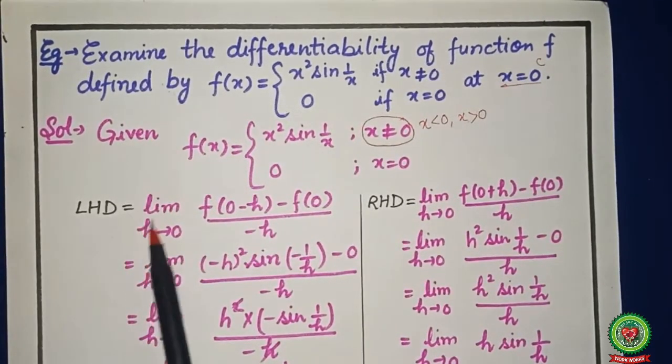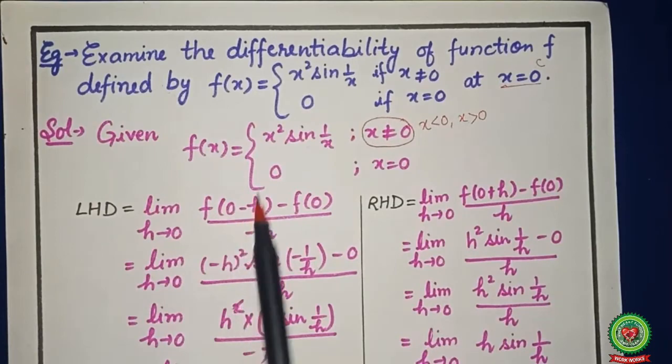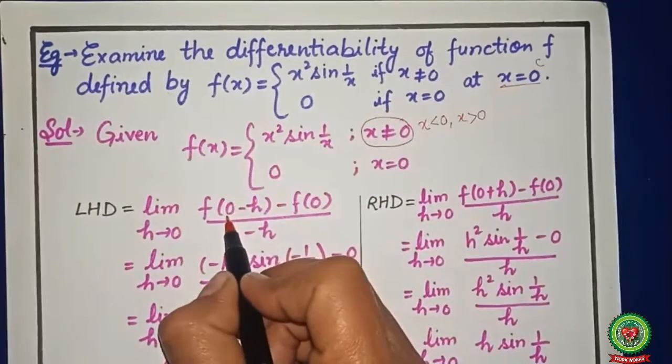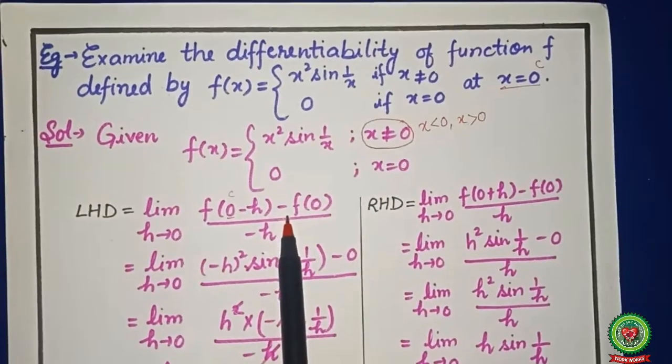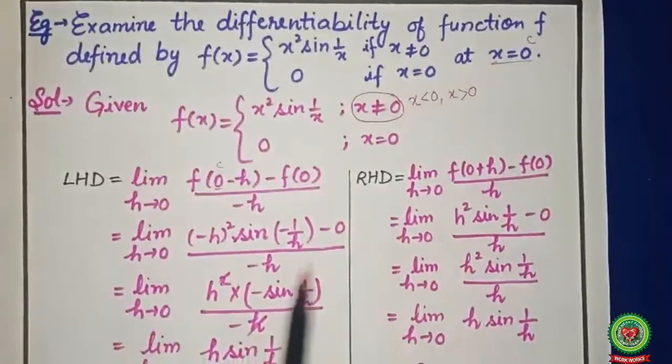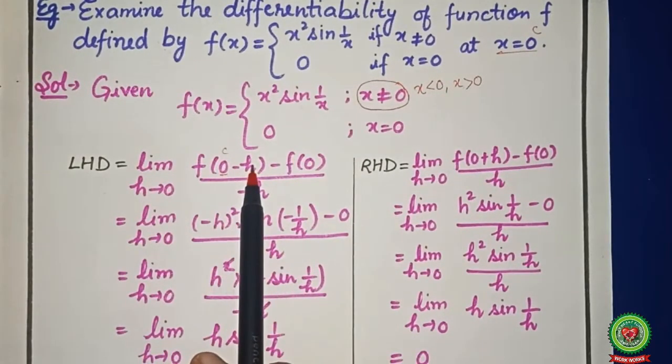Now, left hand derivative is equal to limit h approaches to 0, f of 0 minus h, this is the value of c, minus f of 0 upon minus h. Now, apply the value in the function.